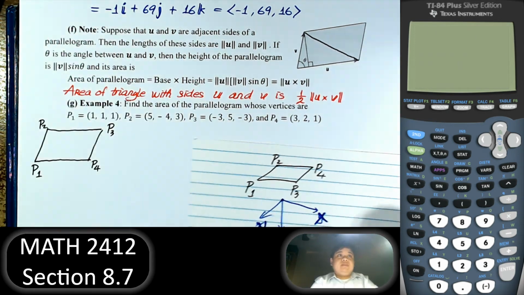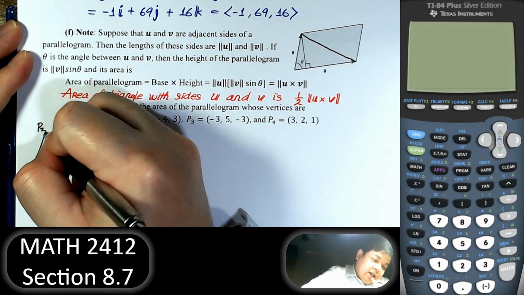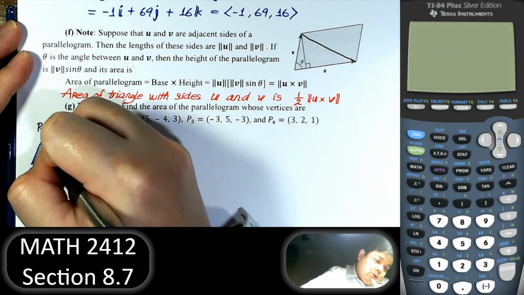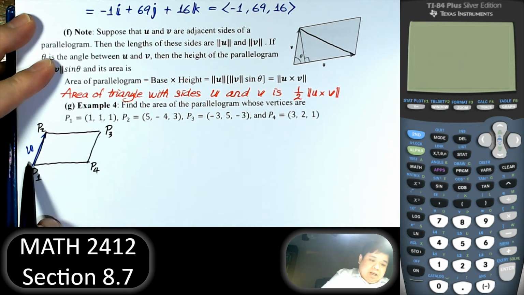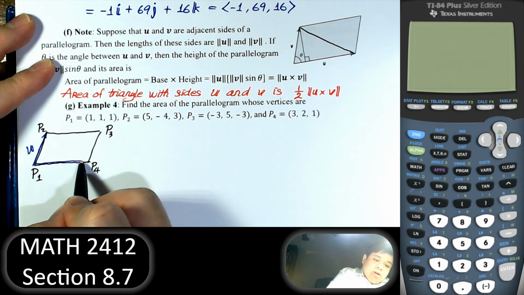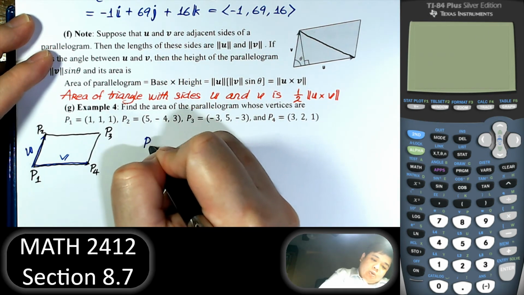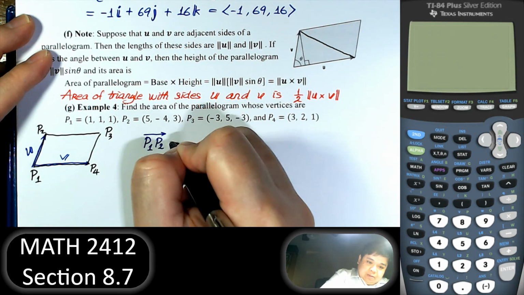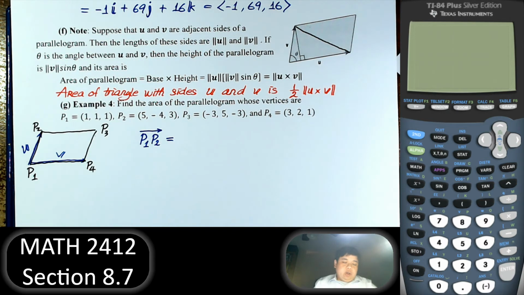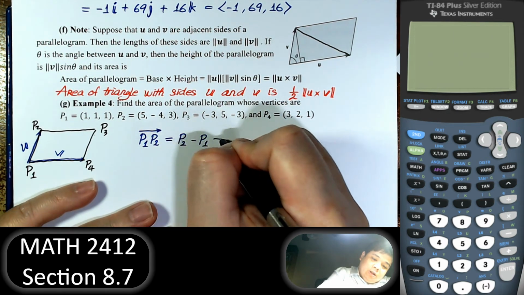Right. Now, in that case, let's say P1P2 is a vector u, and P1P4 is a vector v. So first, let's find the vector P1P2. P1P2, of course, is the end point minus the initial point.